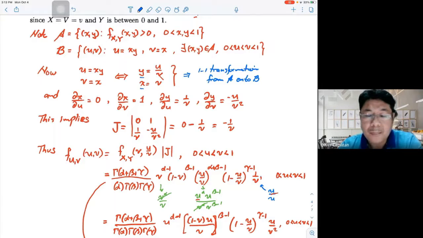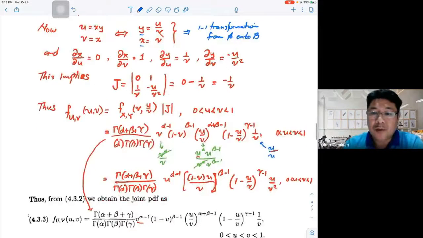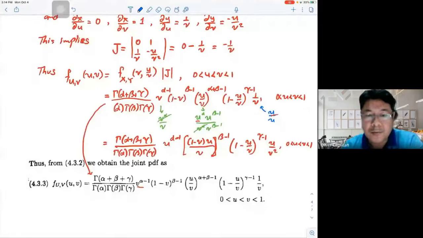Therefore, the joint PDF of u and v will be equal to the product of the joint PDF of x and y, evaluated at x equal to v and y equal to u over v, times the absolute value of the Jacobian of our transformation, for u greater than 0 but less than v, and v less than 1.